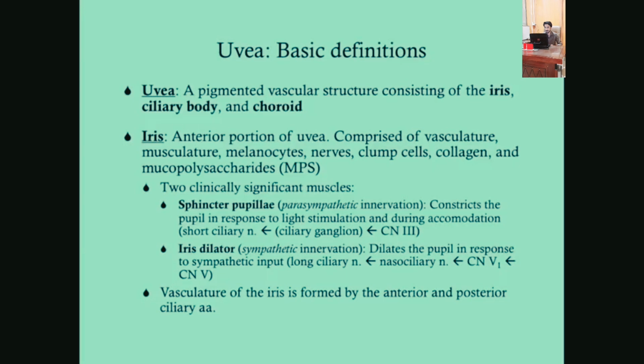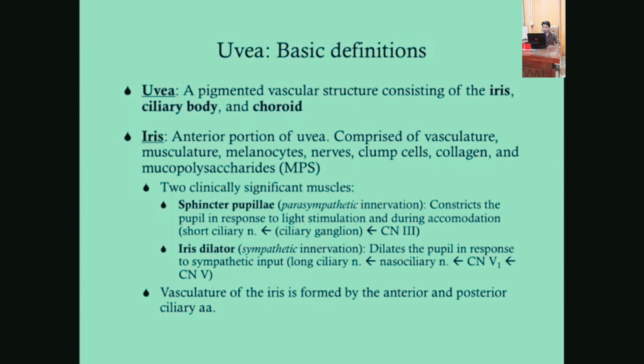So you've got the sphincter pupillae, and as its name would imply, this is what constricts the pupil, reduces the aperture, and this receives innervation from the short ciliary nerve, and this is parasympathetic. So parasympathetic innervation constricts the pupil. And the reasons you would want to constrict the pupil would be, for instance, in response to light stimulation.